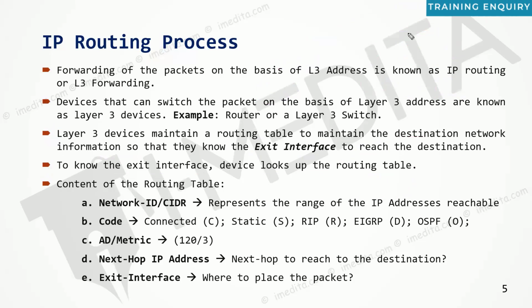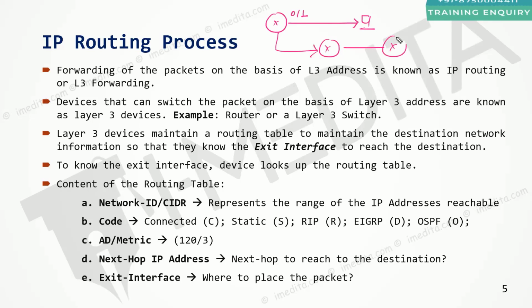Also note that when the router forwards the packet out of the exit interface, it's not like the packet will always go directly to the destination. There is also a chance that the router forwards the packet to another router, then from there it goes to another router, and then from there it reaches the destination.